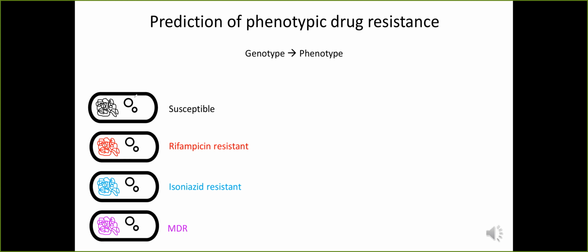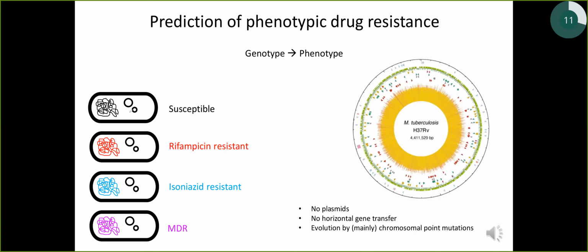Now, you might have noticed that this schematic representation of Mycobacterium tuberculosis is incorrect, and I did this on purpose, because Mycobacterium tuberculosis bacteria do not have plasmids. It does not present horizontal gene transfer as far as I know, and thus evolution of drug resistance occurs mainly by chromosomal point mutations.